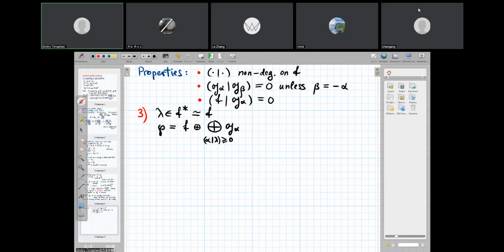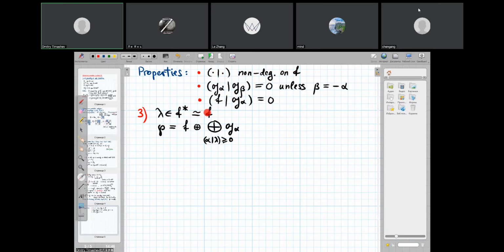I should comment on this latter condition because here we speak about the inner product of weights. Weights can be viewed as elements in T star, but we can identify T star with T, having a non-degenerate inner product on T.